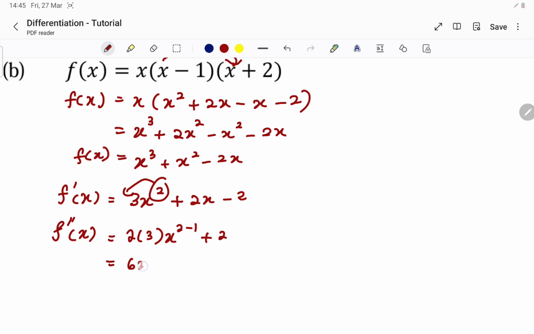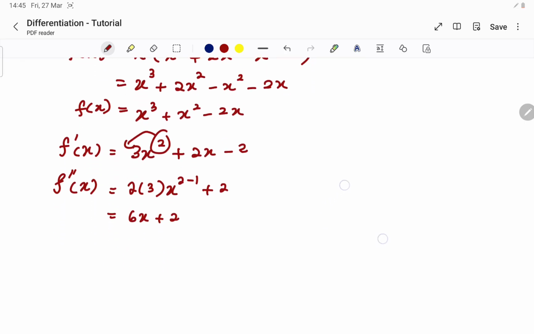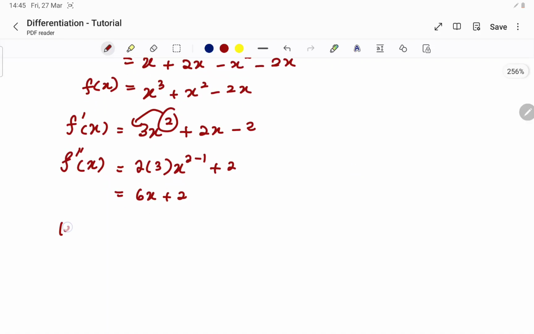So here you're going to get 6x plus 2. Now from this, remember what we have to do? We let f double prime x equal to 0. So 6x plus 2 equal to 0.